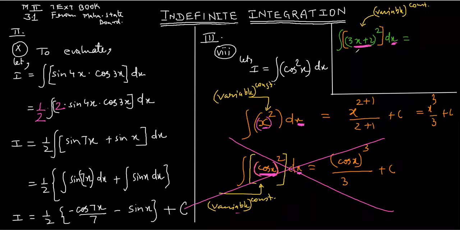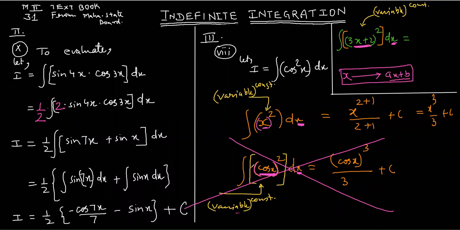Why? Because here we will use the results from list 2. Why list 2? Because x is replaced by ax plus b. This is allowed. x can be ax plus b. This is permissible. This much is allowed. Nothing other than this.